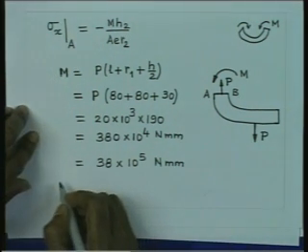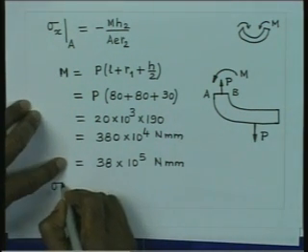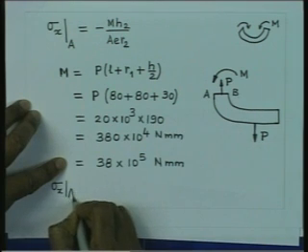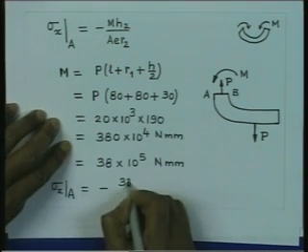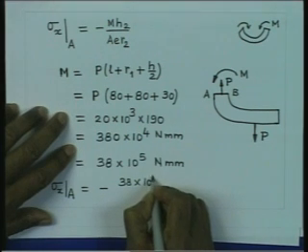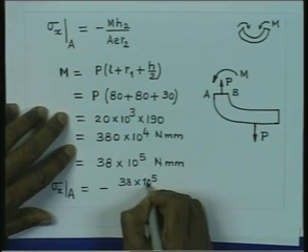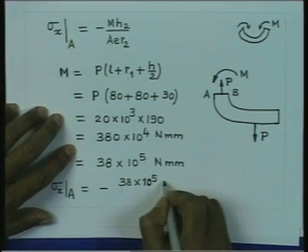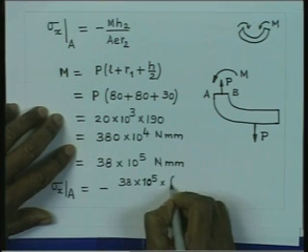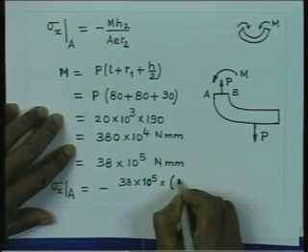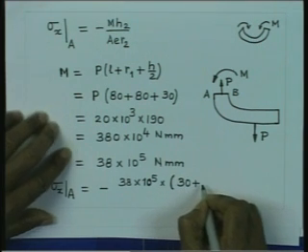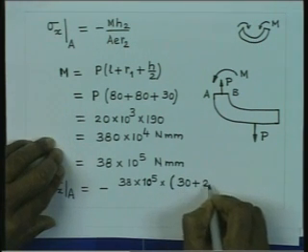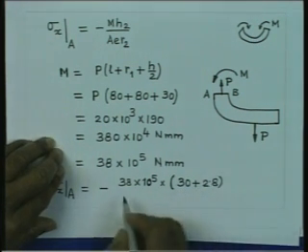So we can substitute the values now. Sigma x at A is equal to minus 38 into 10 to the 5, and this h2 is 30 plus 2.8 millimeter, the eccentricity, so we add that.